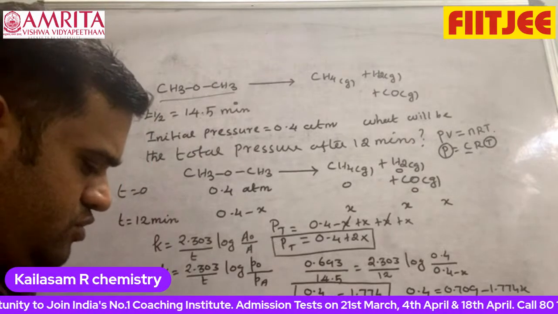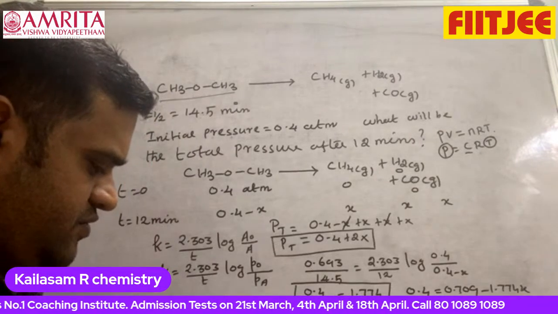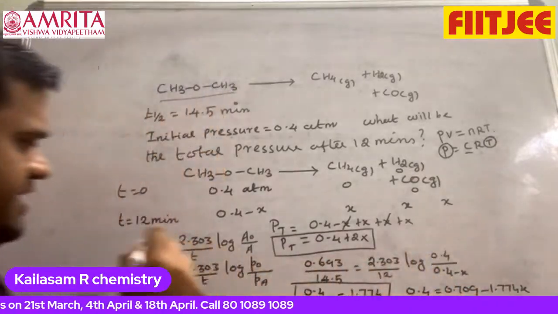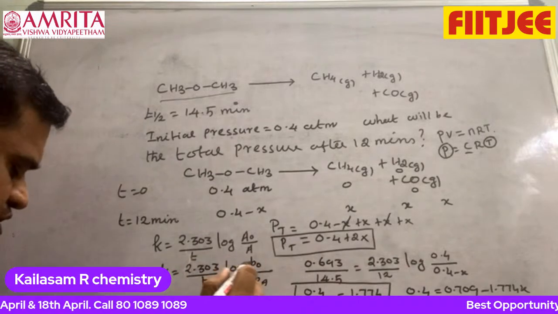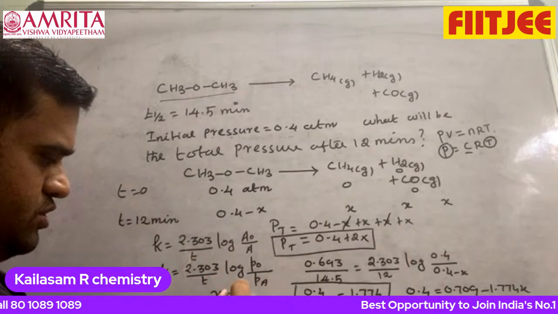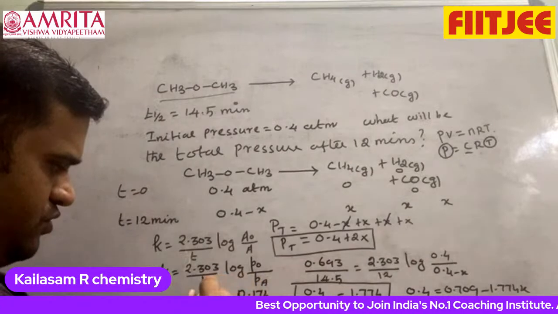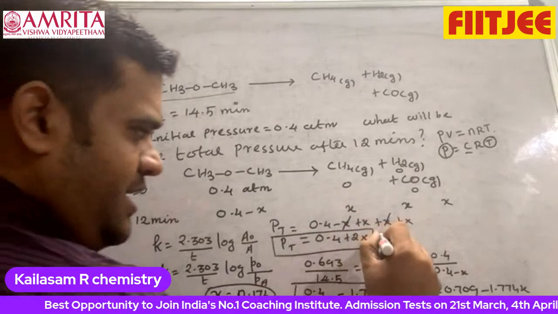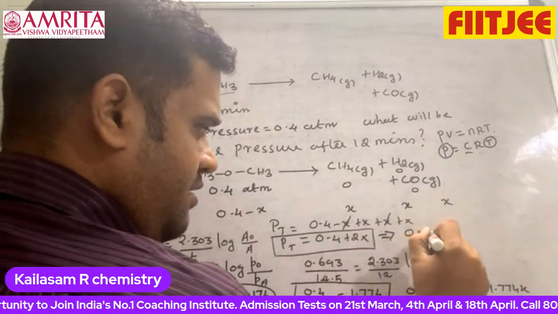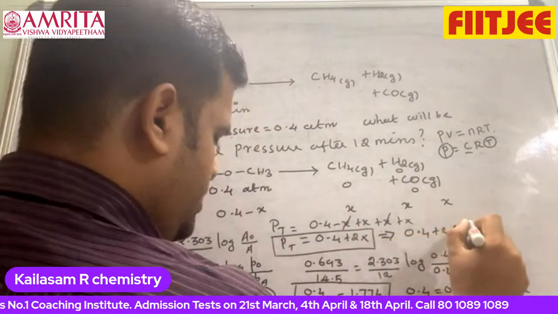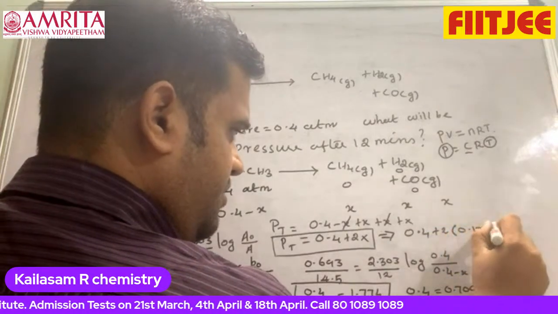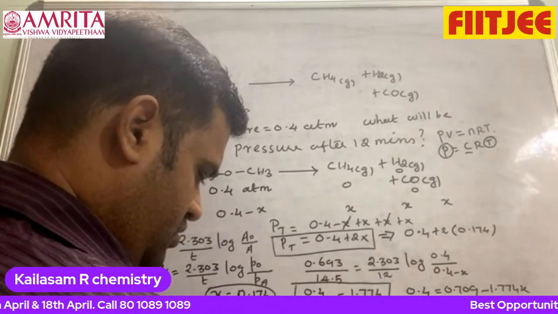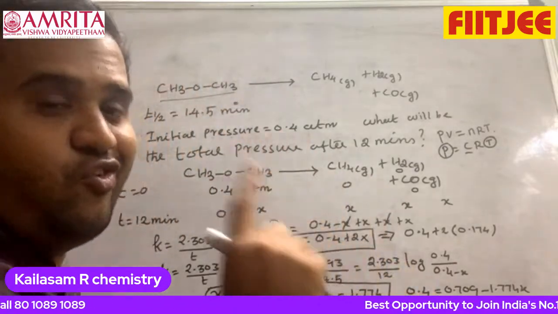Minus 0.4 divided by 1.774, we are getting x, which is equal to 0.174. I substitute x here: 0.4 plus 2 into 0.174 into 2 plus 0.4, I can say 0.749.